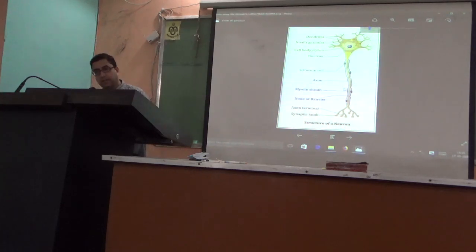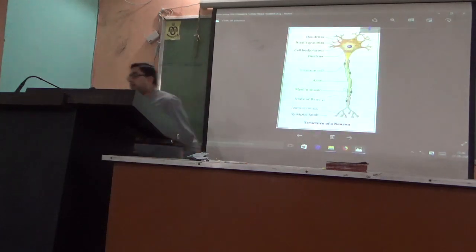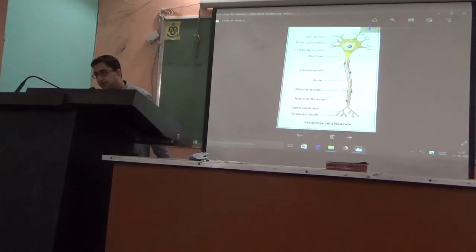I will show you by indicating it on the picture that these proximal parts contain Nissl granules, while when you go to the distal dendrites, you can clearly see, you can zoom it on your mobile or laptop, that the distal branches of the dendrites do not contain Nissl granules.